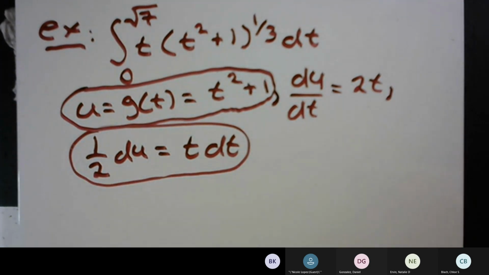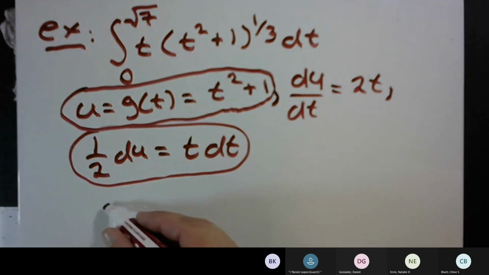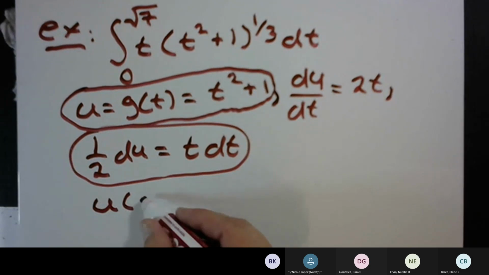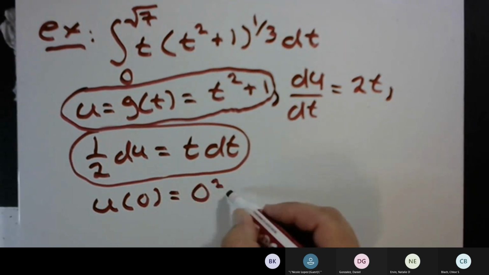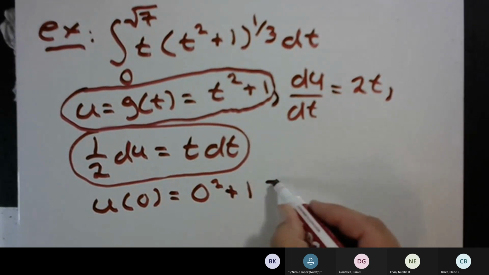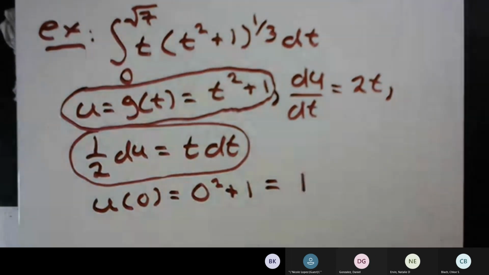Now, we can come up with the new bounds. So for our lower bound, u of 0 will be 0 squared plus 1, or just 1.